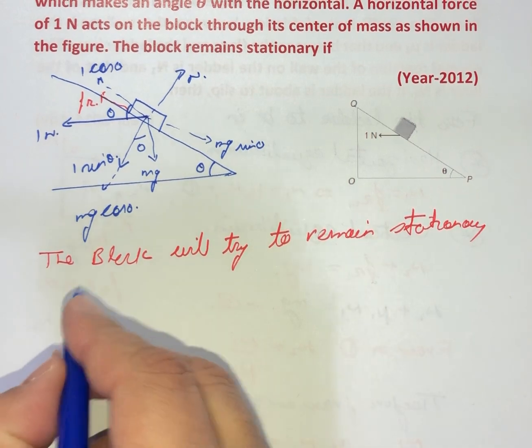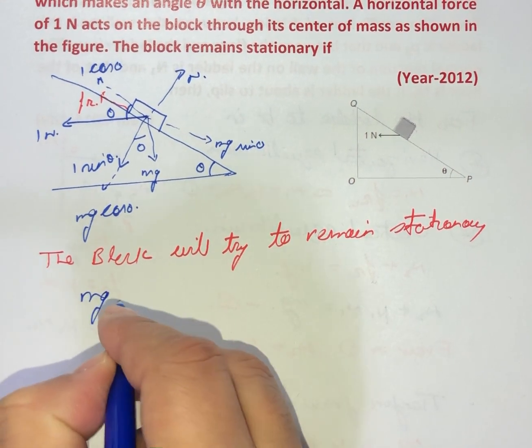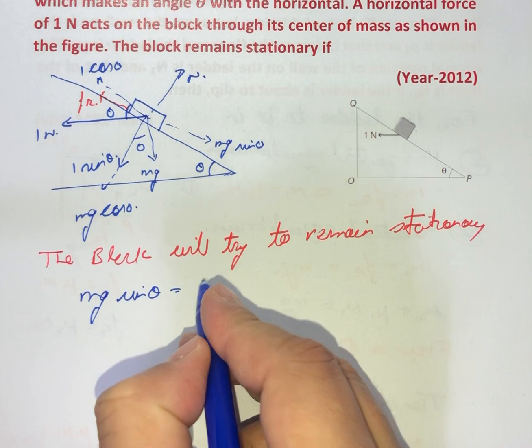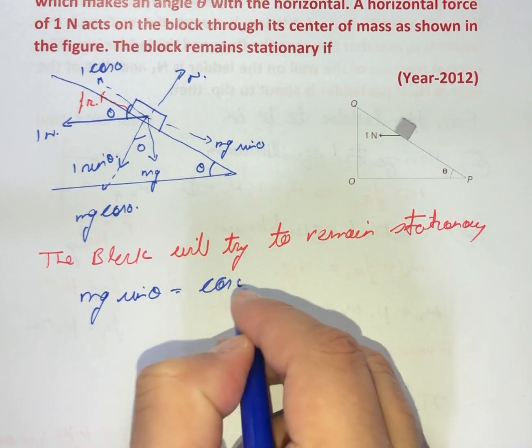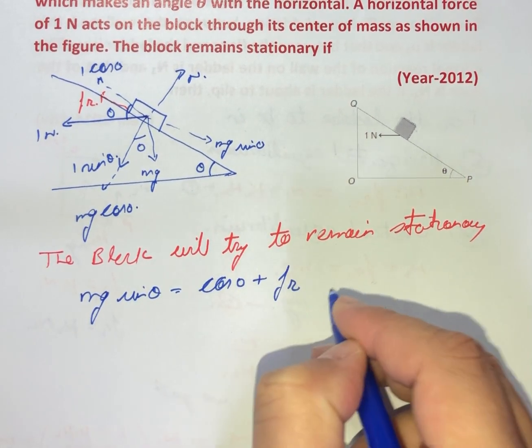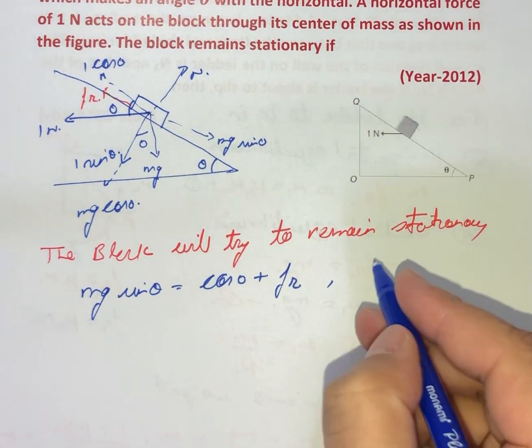So we can say mg sine theta is equal to 1 cos of theta plus frictional force Fr. We can find out Fr.